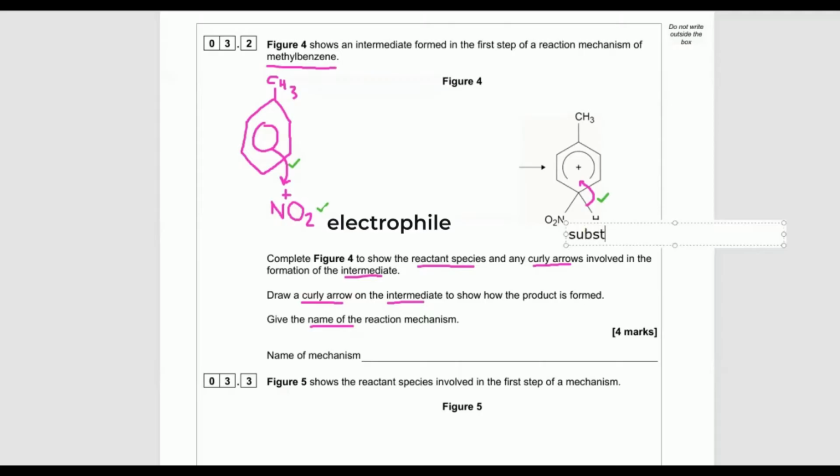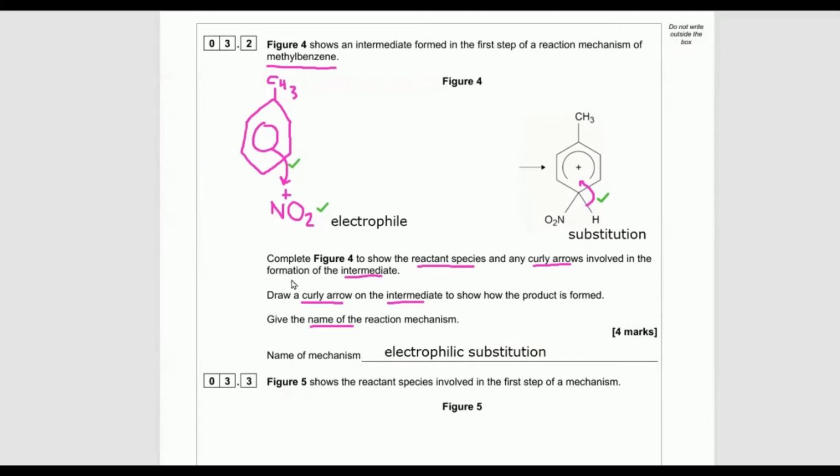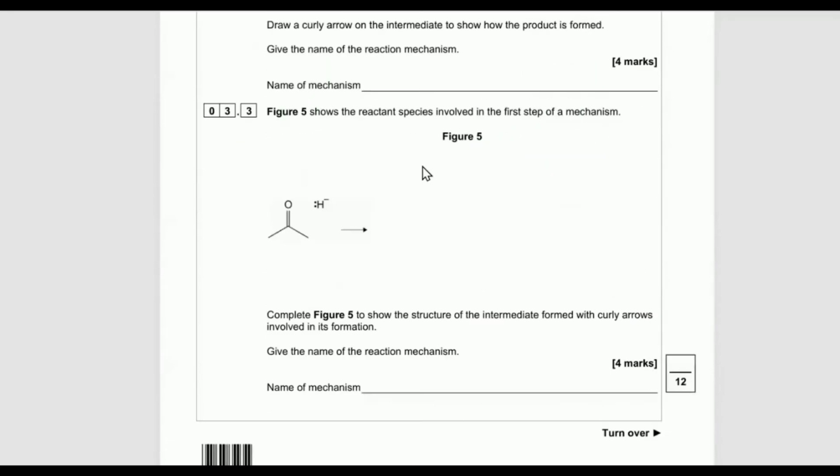And then we're going to get 1 mark for showing the curly arrow in the substitution. Sorry, that's an electrophile. I called it a nucleophile. Electrophile because it's attracted to electron-rich or dense areas. And now we just need to name it, and it's electrophilic substitution because you're swapping the electrophile for the hydrogen atom on the methylbenzene.